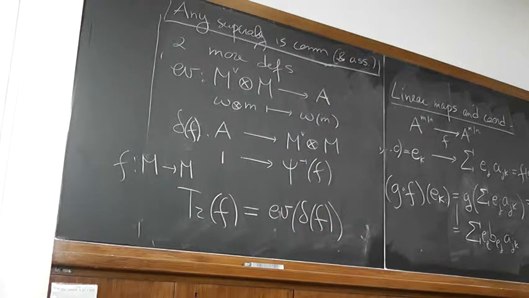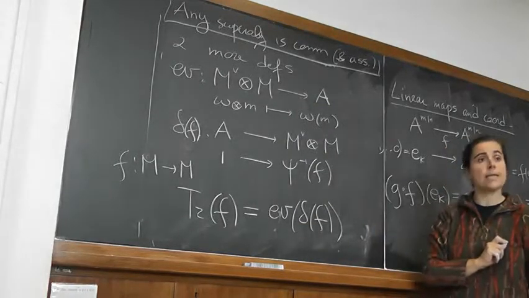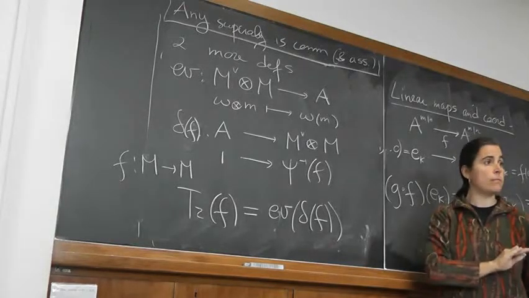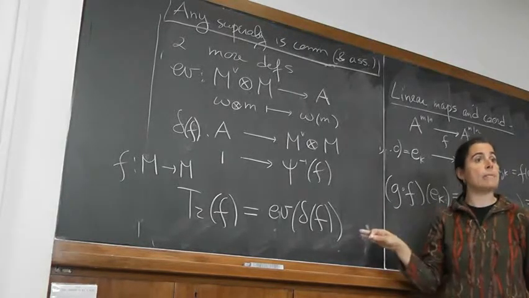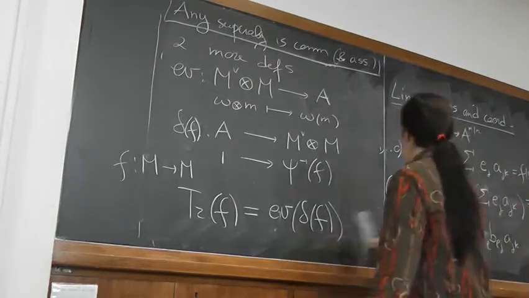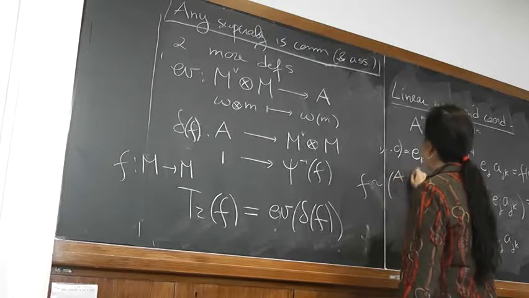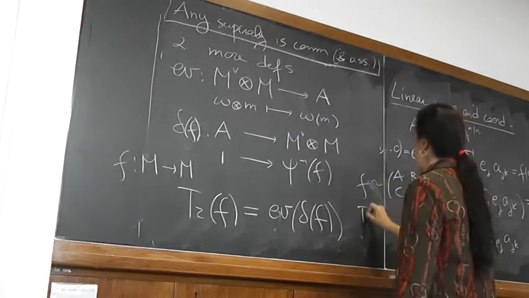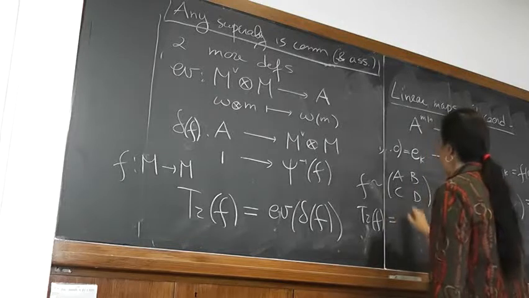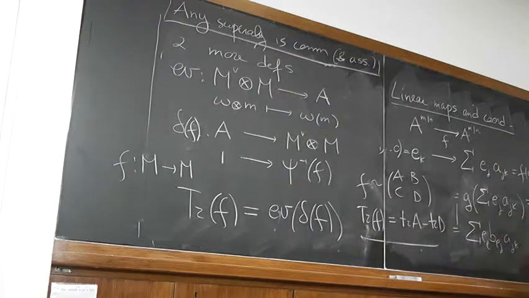So let me say that this definition holds in both cases, super and non super. So this will become the trace in the usual case, and let me say a word before we compute: if F is associated to a matrix ABCD, the trace of F will be trace of A minus trace of D. This is what we will see. And there is a plus if we are in the usual category.